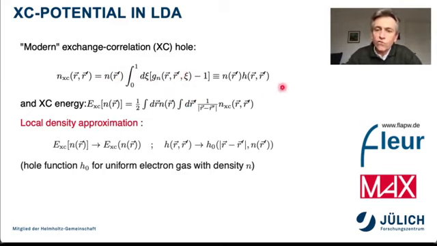The so-called hole function is then multiplied to the local density, and you know that the exchange correlation energy is then given by a double integral over this exchange density here. In the local approximation, this hole function that we introduced here depends now not on two spatial coordinates, but only on the relative distance between them and the local density at a certain point.